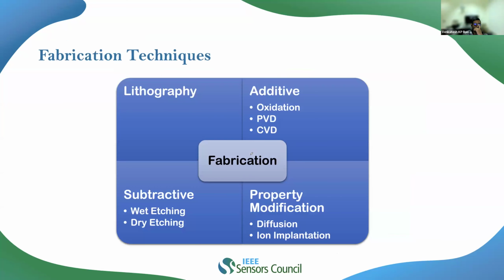Whenever we look at the fabrication techniques, in microfabrication we can broadly classify into four things. Taking up a simple example, let us say you wanted to build your house, right? In such cases, the first and fundamental thing you do is prepare the layout for your house, right?